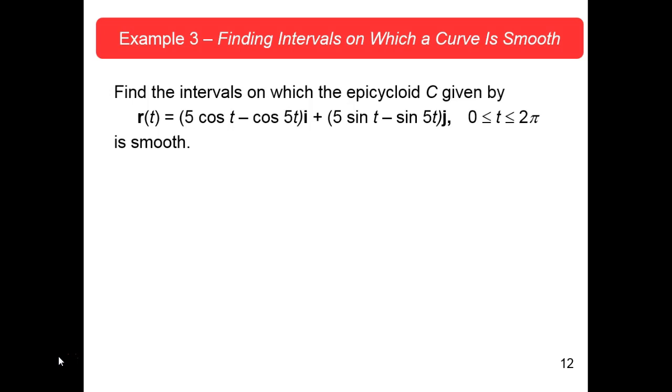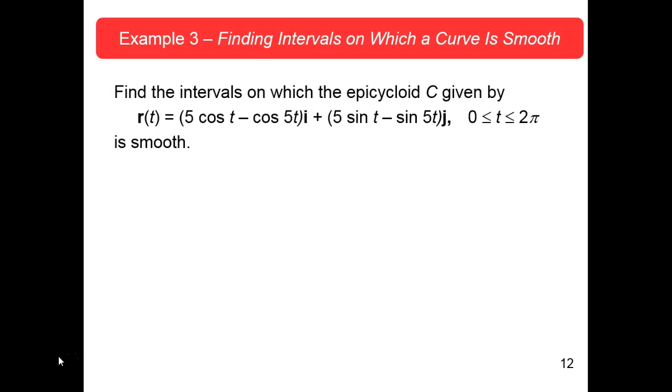And this is a plane curve. It's not three-dimensional, so there's no k component. And you're letting t go from 0 to 2 pi. And we want to find the intervals on which that epicycloid is smooth. It's sort of a broken up sentence, but that's what it is, where the epicycloid C is smooth.